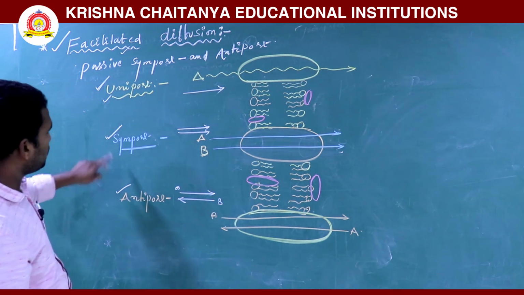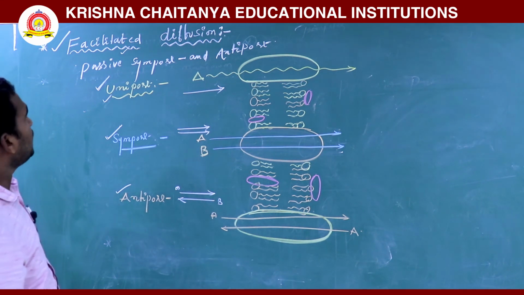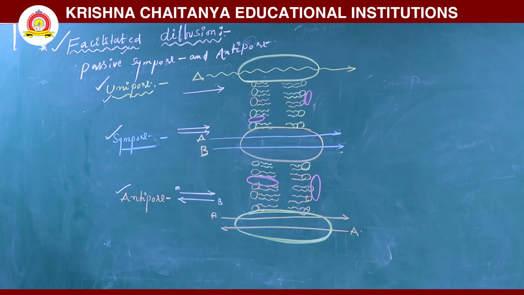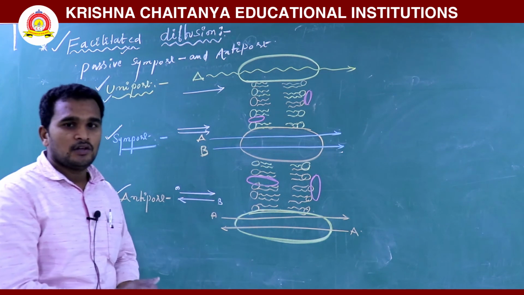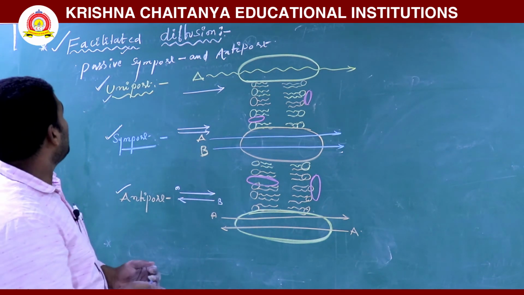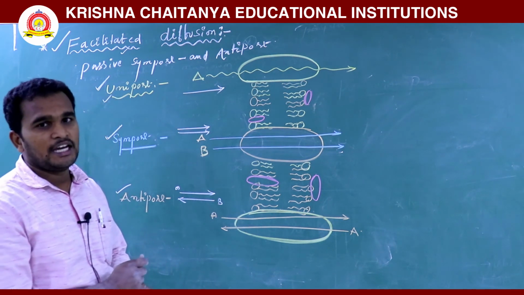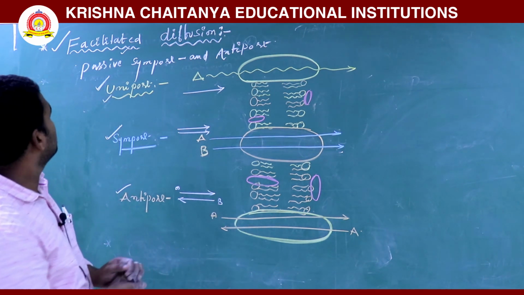Uniport, symport and antiport, this is called facilitated diffusion. Okay, next one is active transportation.